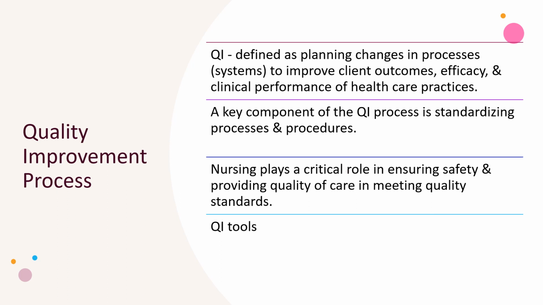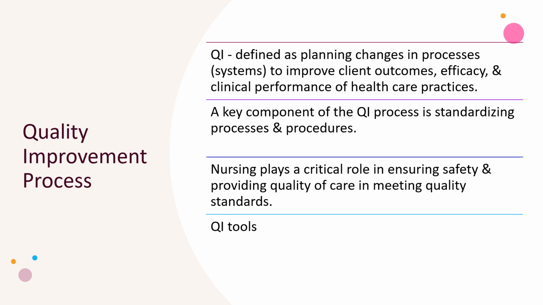Quality assurance and quality improvement are both processes to improve quality of care and safety of the environment. However, quality improvement is proactive and process-driven. Quality assurance is reactive and problem-driven.